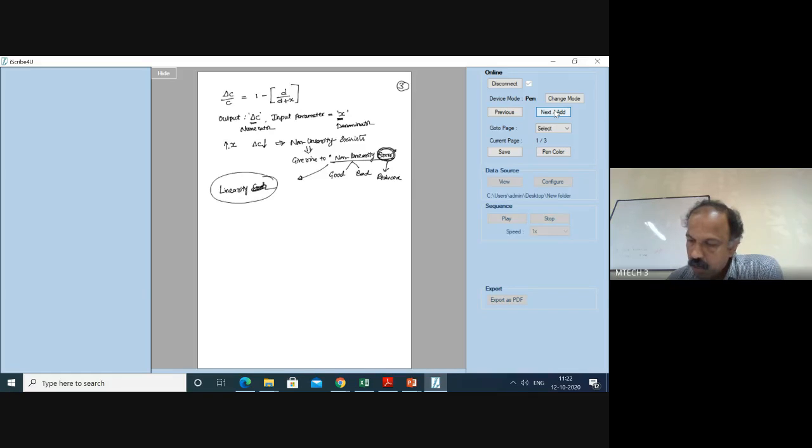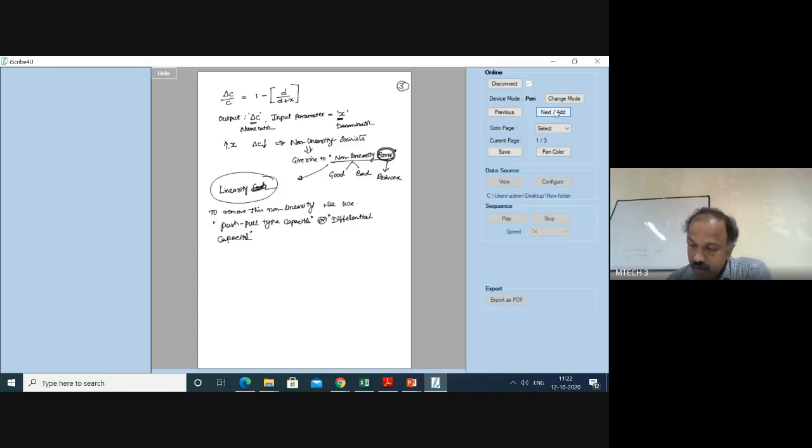To remove this non-linearity, we use the push-pull type capacitor, or we use a differential capacitor. This is the one we are going to use.